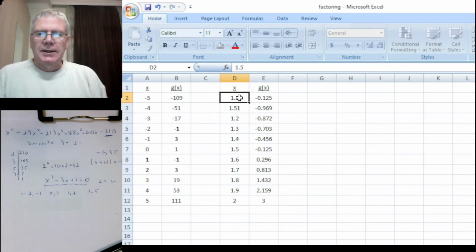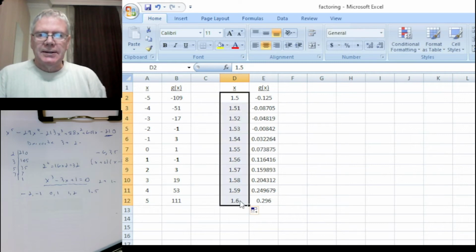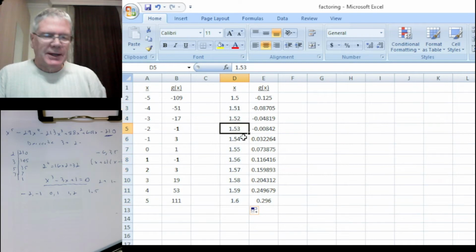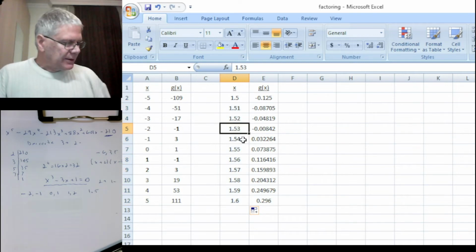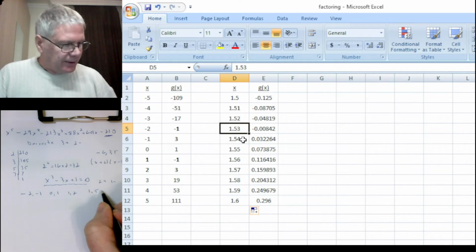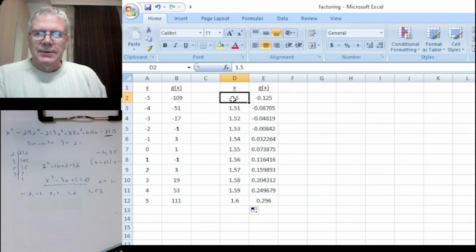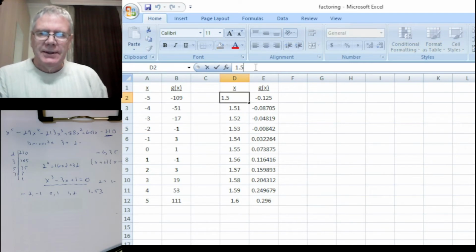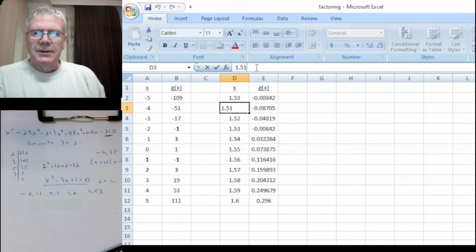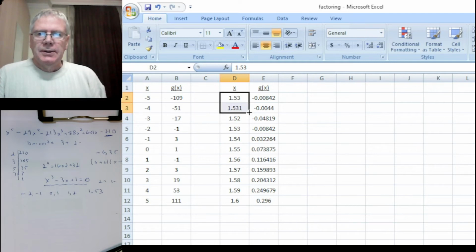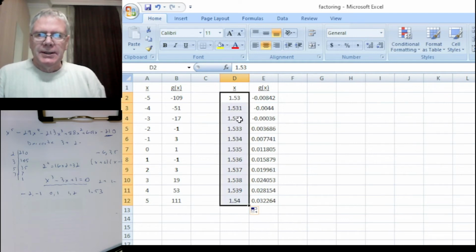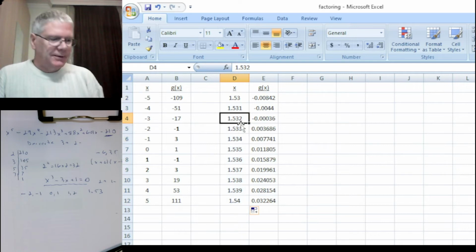1.51. And I'm going to drag these down here, and it changes sign here at 1.53. So now I have 1.53. And I'm going to do 1.53, 1.531. And the next one is going to be 1.532.